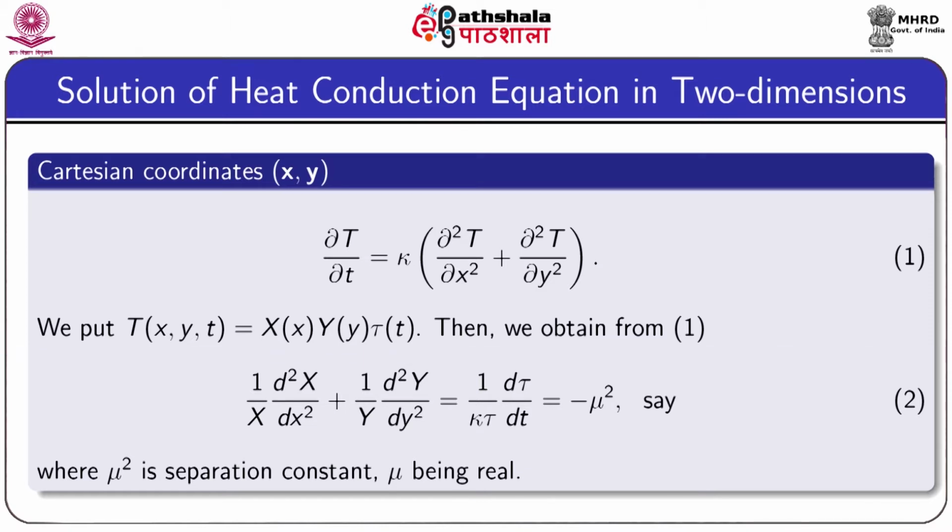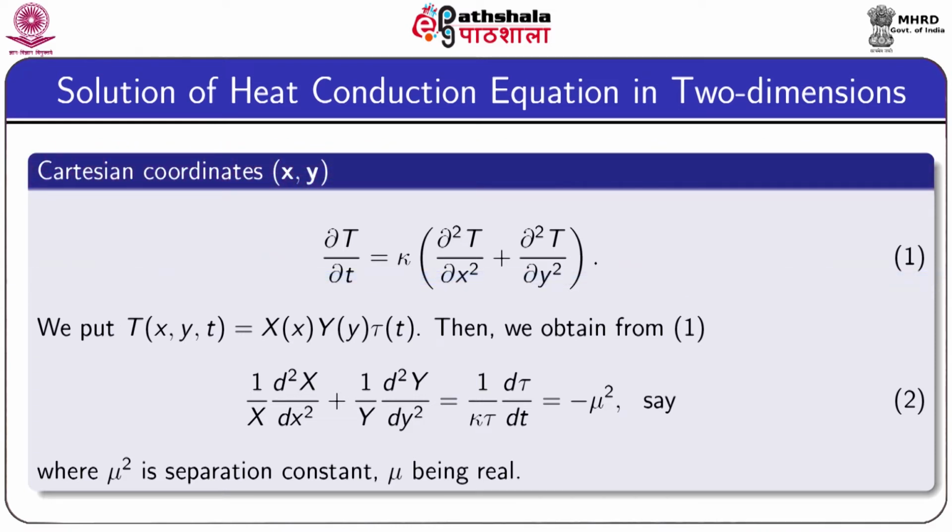First, we separate the time variable from the x and y variables. For that purpose, the functions of x and y are written on the left hand side of that equation and the function of t is written on the right hand side. Now let the separation constant be minus mu square. Here we have chosen the separation constant as a negative number because we want a bounded solution.